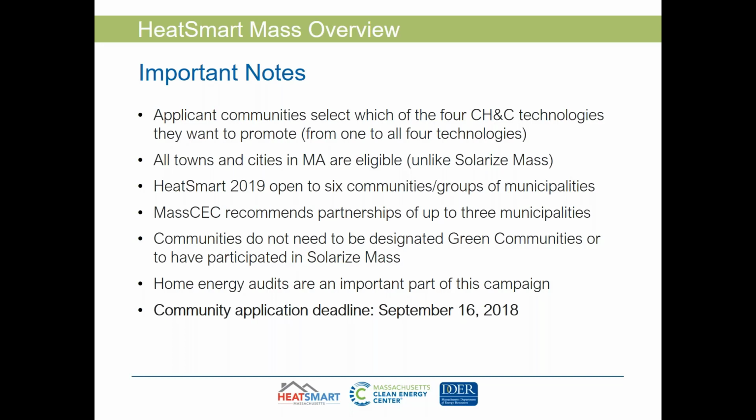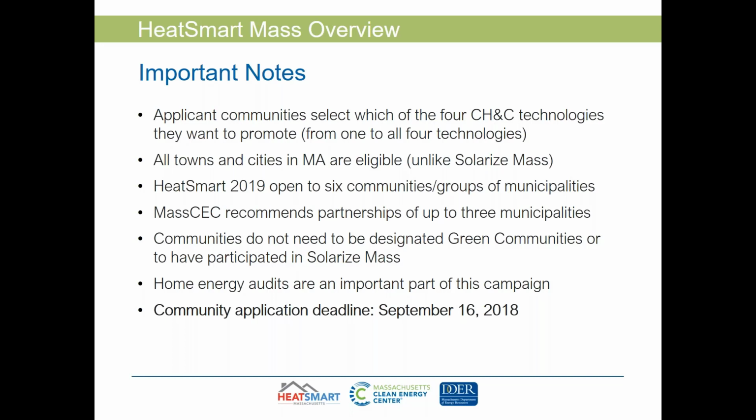In terms of partnerships, we do recommend up to 3 and maybe no more than that. If you have a specific situation in which you'd like to consider doing more, feel free to reach out to us, and we'll discuss that individual situation with you. As another note, communities do not need to be designated Green Communities or have participated in Solarize Mass.